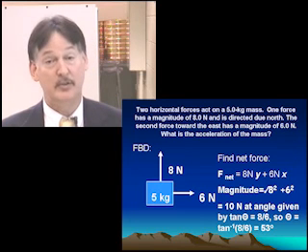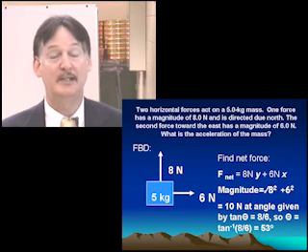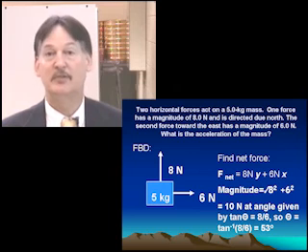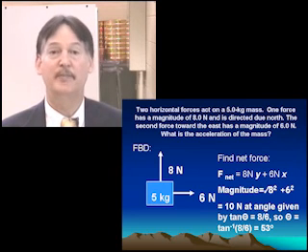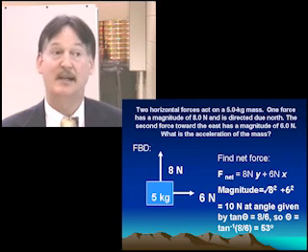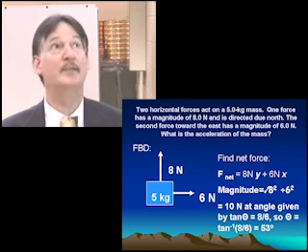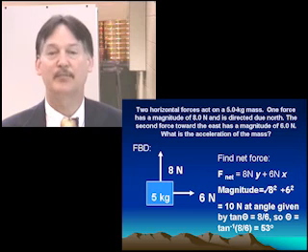Now remember that in order to use F equals ma as an equation for determining magnitude of force and magnitude of acceleration, we need to be able to put in a single number for the force and the mass and calculate a single number for the acceleration in order to get the magnitude of the acceleration.